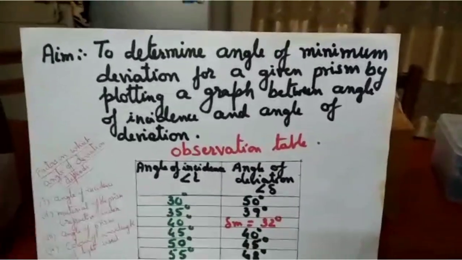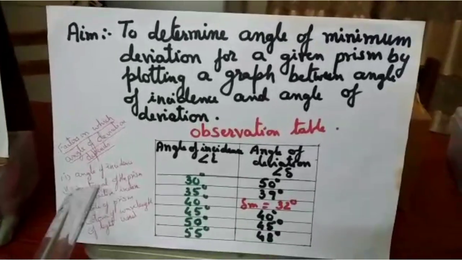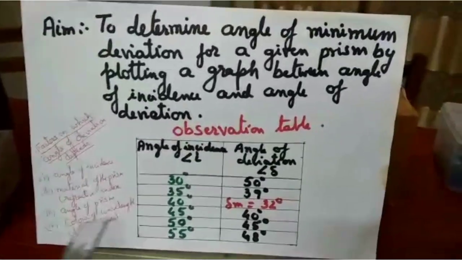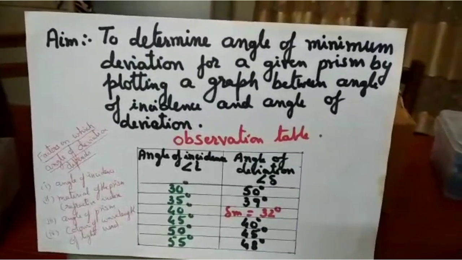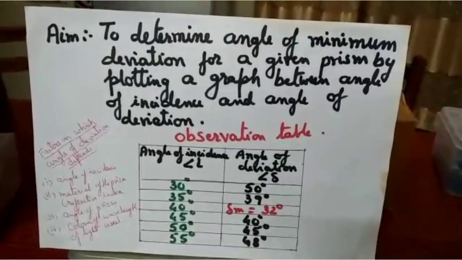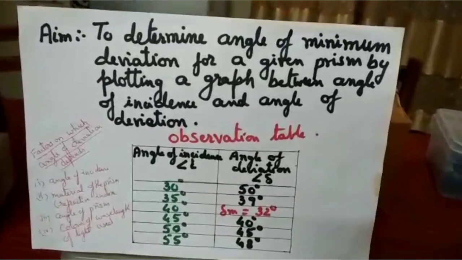The material of the prism, that is, glass is also of different materials. So depending upon the material of the prism, the angle of the prism, and the color or wavelength of light used. Here I have used a green laser, so depending on that also, but generally I use white light.